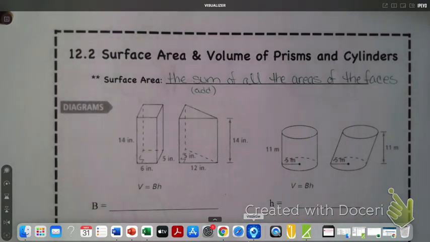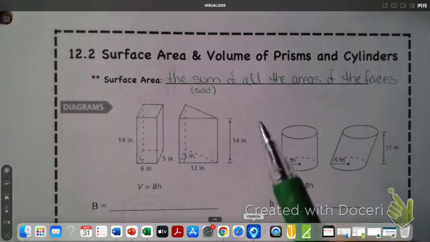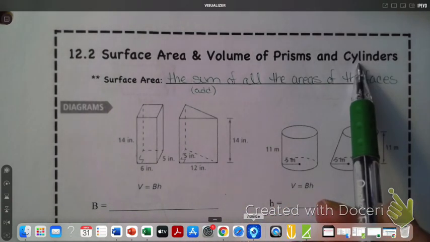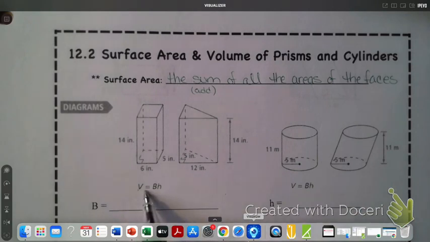That's it. Now, volume of a prism or cylinder is V equals capital B times H. Now, before we've had a lowercase b and it meant base, right? An uppercase B is the area of the base.